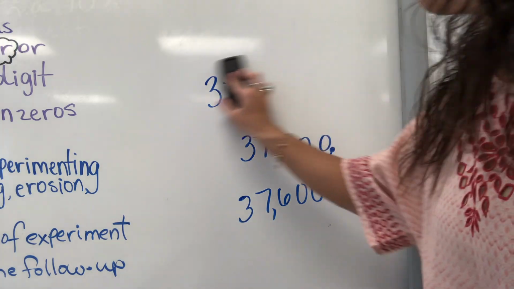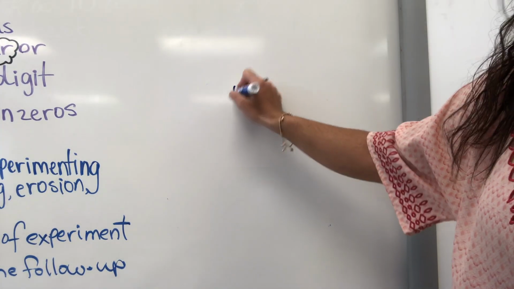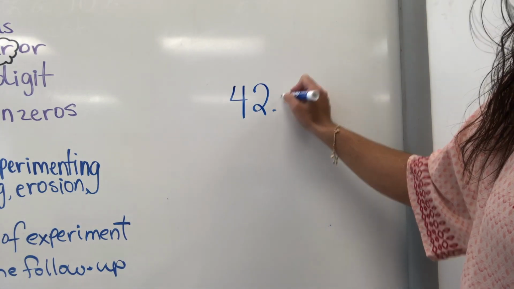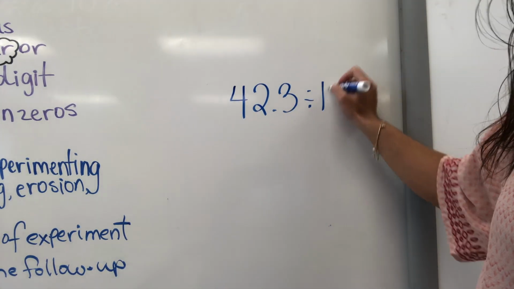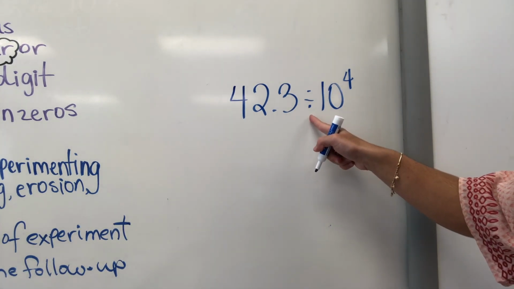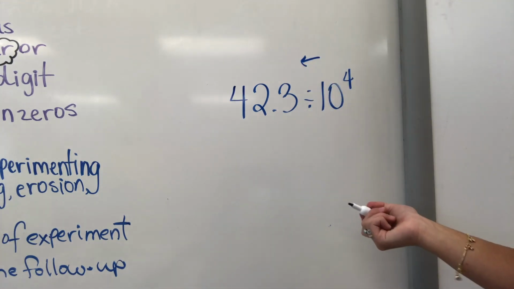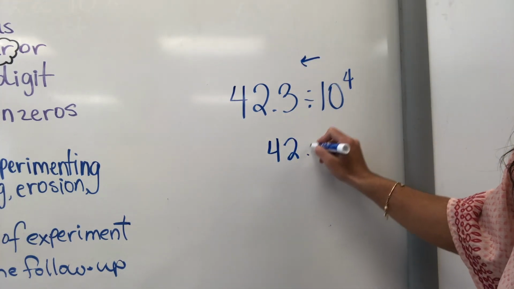That was an example of multiplying and dividing powers of 10 with whole numbers. Let's say I'm already given the decimal. The rules are still the exact same. I'm going to identify the direction in which I move based on the operation. In this case, I'm going to move to the left. I'm going to rewrite my number down here.